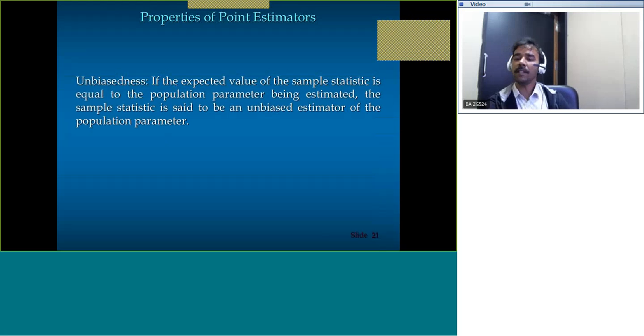Unbiasedness means the expectation of the estimator should be equal to the population parameter. Simply, the expectation of the statistic is equal to the population parameter. For example, if the expectation of the sample mean is equal to the population mean, then we say that X bar is an unbiased estimator of mu.